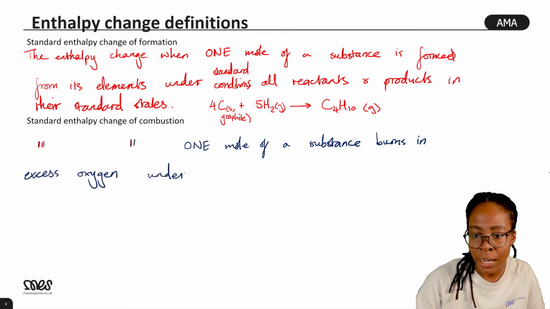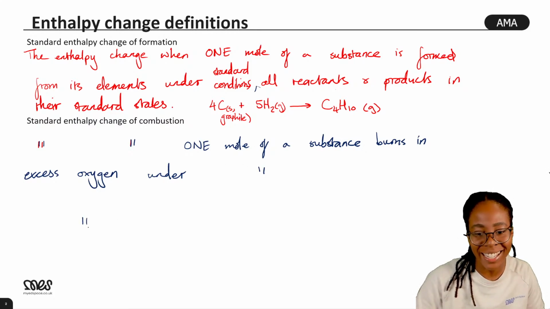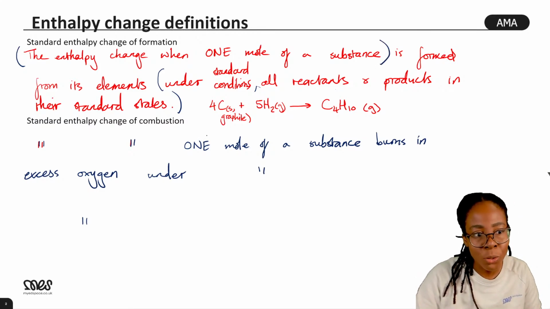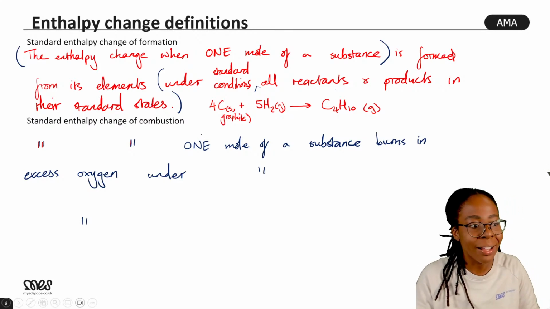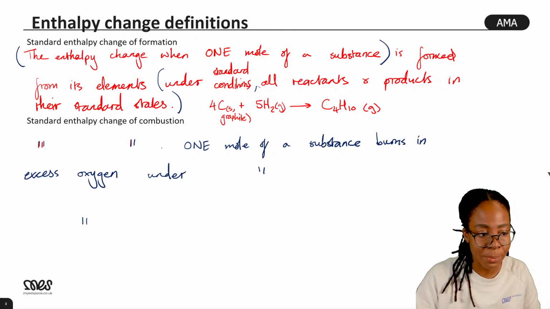Again, under standard conditions, all reactants and products in their standard states. So this part is the same for both, and this part is the same for both as well. It's just a case of what is happening to that substance. For formation, we're making or forming that substance. For combustion, we are burning that substance.